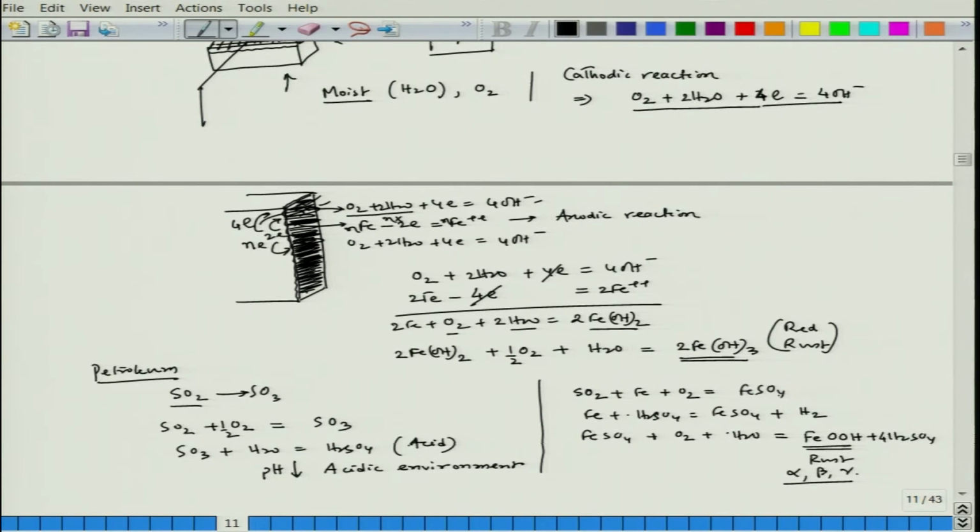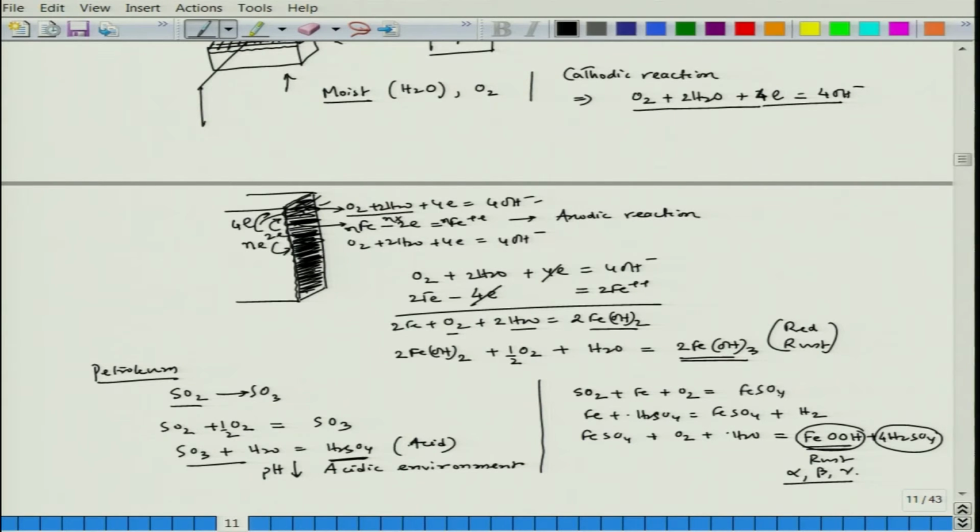Now, this is basically a rust that is forming, and interestingly, H2SO4 is forming due to this reaction, and after the rust formation the H2SO4 is coming back again. So, it is basically a kind of autocatalytic mode, it will keep on rusting.